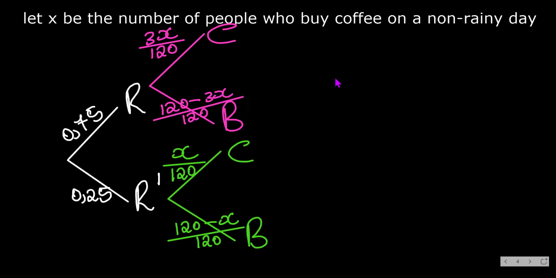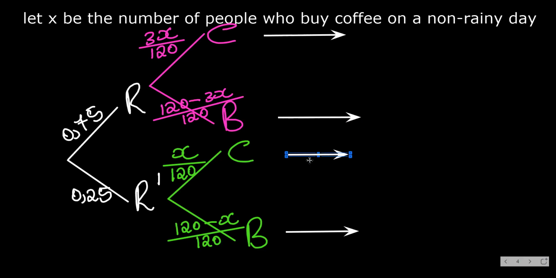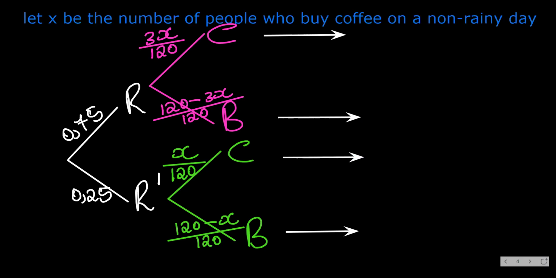Then we can list our possible outcomes. You can do this, but sometimes they use arrows like this one, that one, that one, and that one. You decide what you prefer, whether arrows or vertical bars as I was doing it. Let's use arrows for once.